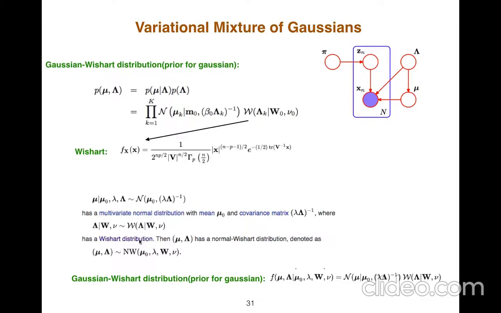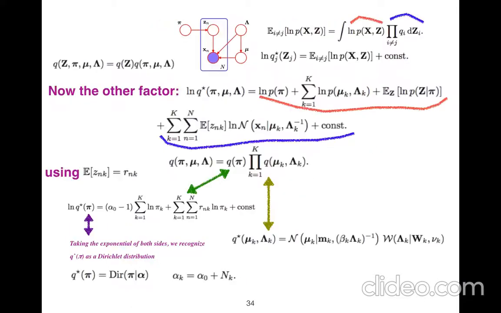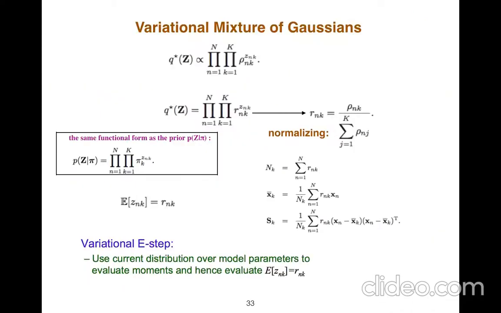So we use the Wishart distribution because it is good for a prior, and for variational mixtures. So you separate your latent or hidden variable from the rest of the parameters that you have. So you can use such a factorization, and you see that you can work on it.